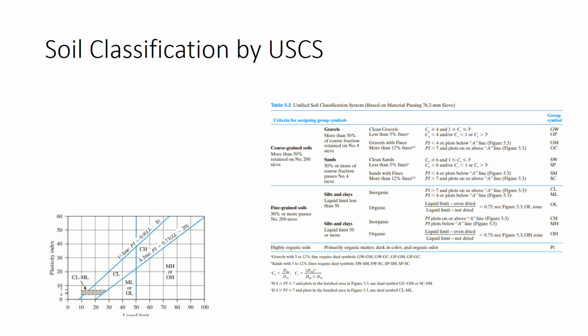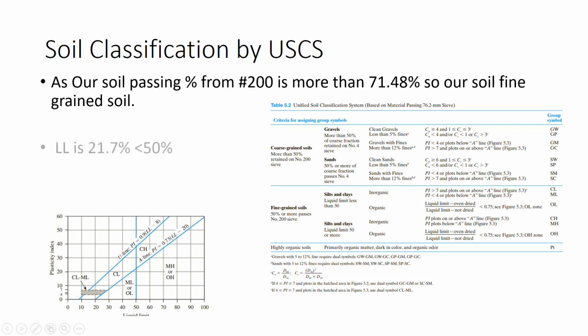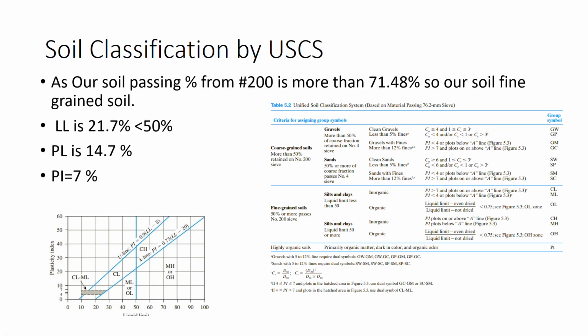We also discussed in the initial slide that soil classification basically consists of the sieve analysis test and plasticity; liquid limit and PI can be found out by these two tests. So these are the values we are going to compare with these charts.